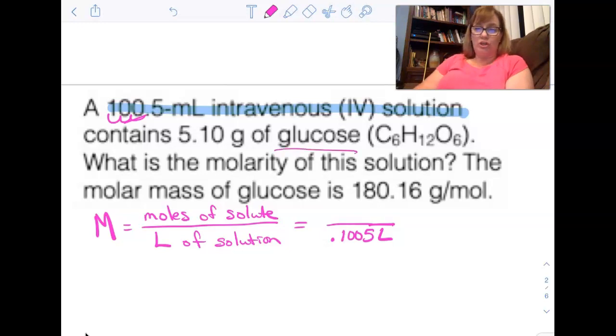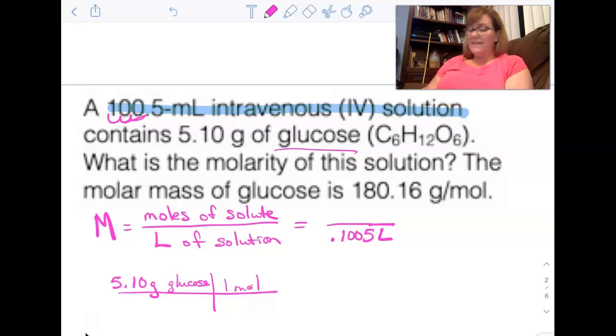Now we have to find out how many moles of solute. Glucose is sugar that's being dissolved in the water. That's our solute. But they gave us grams. You've got to remember how to turn grams to moles. So if I have 5.1 grams of glucose, use my conversion factor, 1 mole, and they did the math for us. They tell us that the molar mass is 180.16 grams.